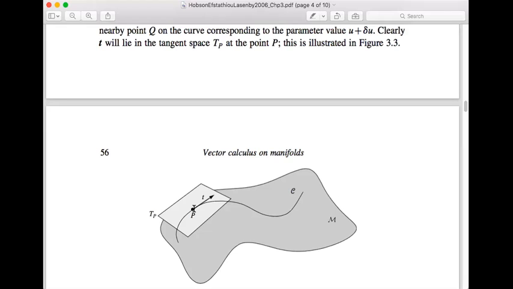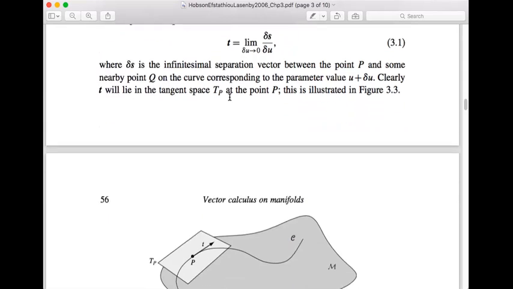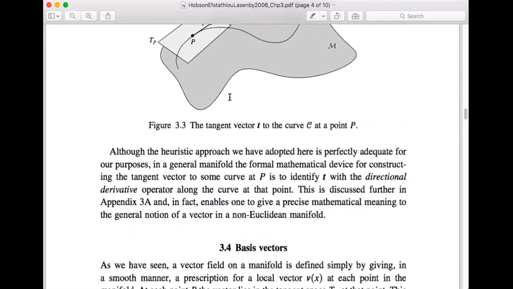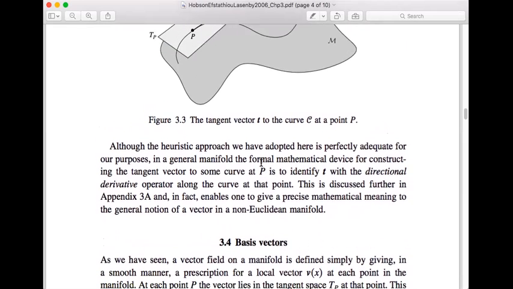So it's an irrelevant detail for us that the tangent vector is with respect to some parameter. You can change parameters and it changes the magnitude of this vector, but it still gives you a vector that's parallel to the other one with a different magnitude. So it's not essential for us at this moment.